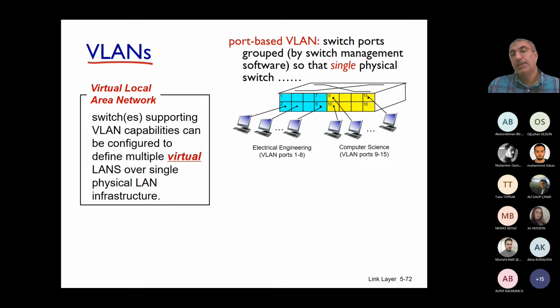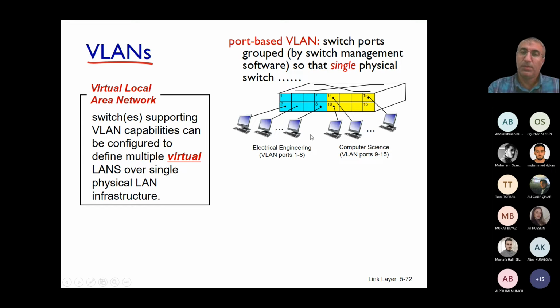Okay, so let's look at the VLAN details, virtual local area network. First of all, a regular switch doesn't have such features, so a switch that has VLAN capability can be configured to define multiple virtual LANs over a single physical LAN infrastructure. One of the approaches is called port-based VLAN. In this case, as you see, this is a 16-port switch, and we split its ports into two groups.